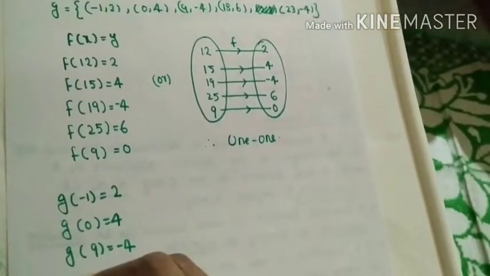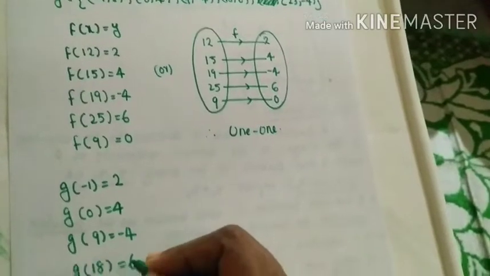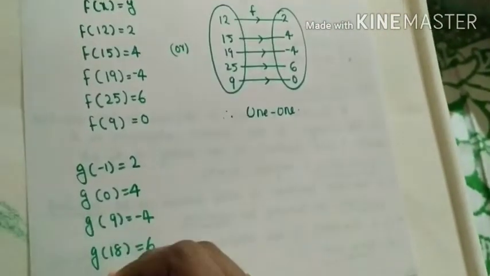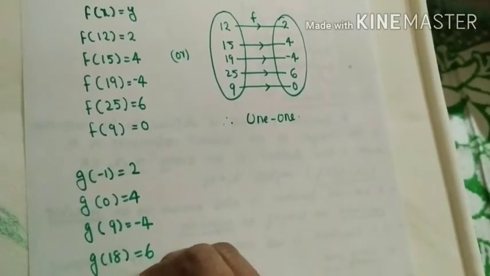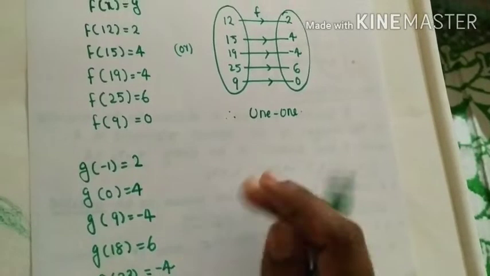Next, g of 18 equal to 6. Last one, g of 23 equal to -4.